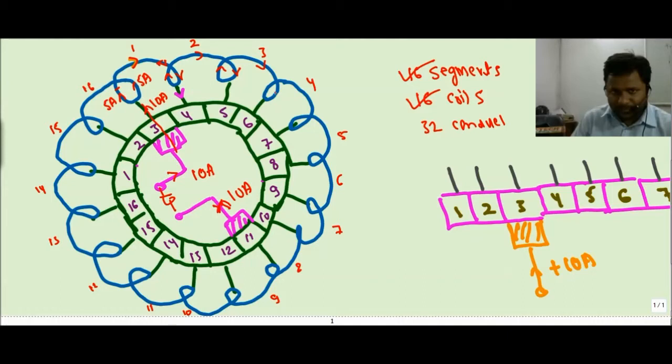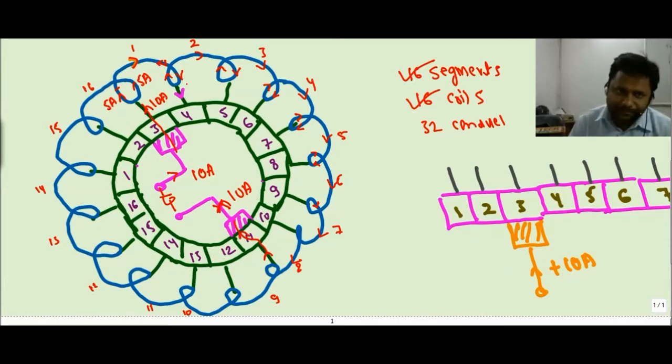The 5 ampere keeps moving along the winding. When it comes to this part, there is a path for this 5 ampere.